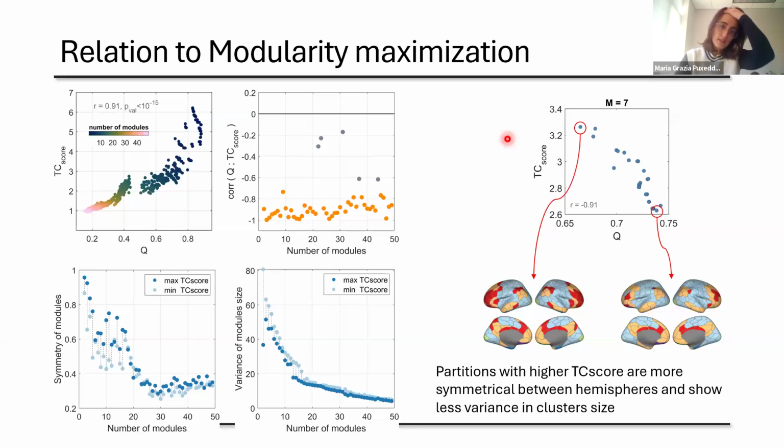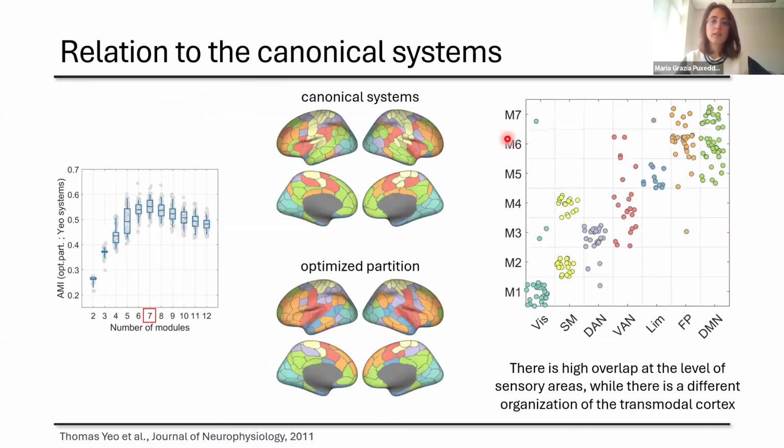Then we also asked how our partitions relate to the canonical systems, the Yeo systems. So we took our functional connectivity matrix, we partitioned it using our new algorithm, and we observed how similar the partitions that we obtained were to the Yeo systems.